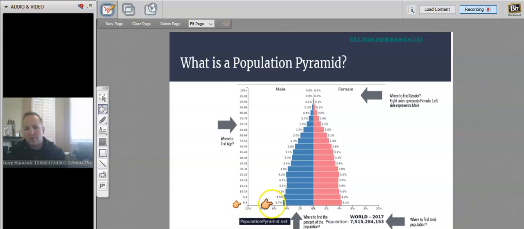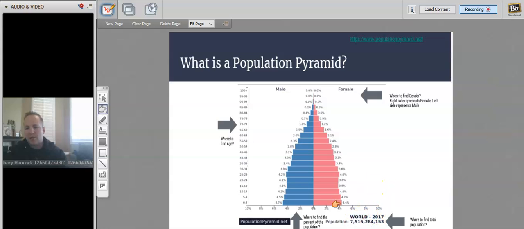So the 0 to 4, and you look in male, 4.7% of the population is male and ages 0 to 4. So your 0 to 4 category. And you also have another 4.4% that are female. I like how you're starting to analyze that a little bit and see how that works. And once you actually go to the website, it will tell you the actual numbers.